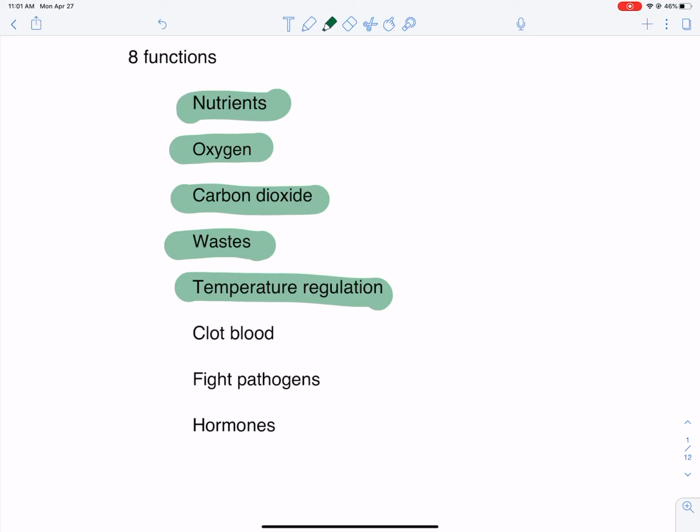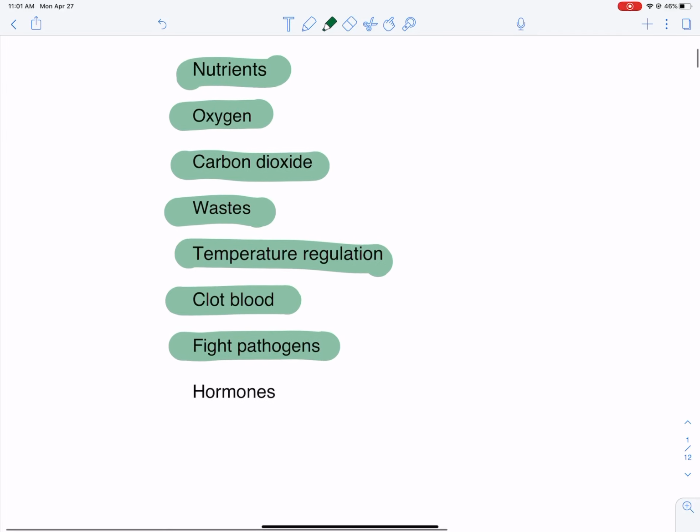We're warm-blooded. We stay at roughly around 98.6 in the internal organs, and the cardiovascular system is one of the main reasons that we can do that. Then when we get a cut or damage to the cardiovascular system, we also have to have a system in place to clot that blood so that we don't bleed out.